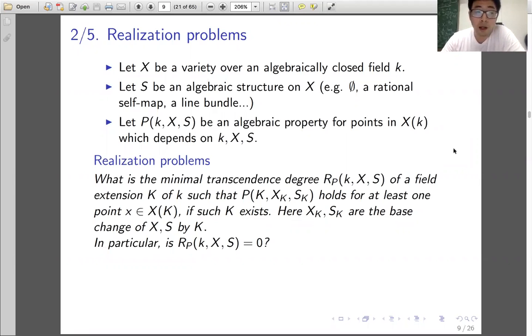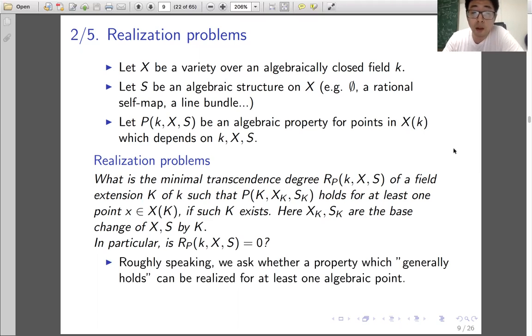Realization problems ask what's the minimal transcendence degree RP(k, X, S) of a field extension K of k, such that P(K, X_K, S_K) holds for at least one point x in X(K), if such K exists. Here X_K, S_K are the base change of X, S by K. In particular, in many cases, we ask: is this transcendence degree equal to 0?